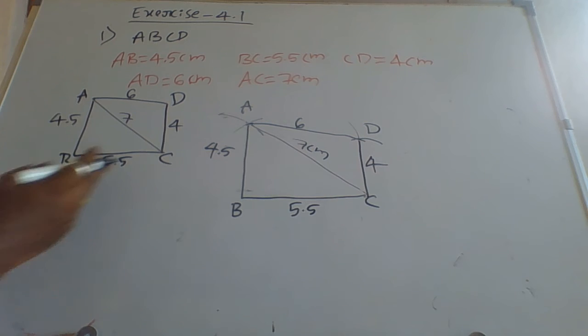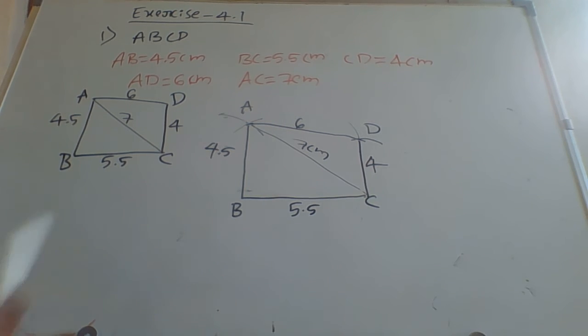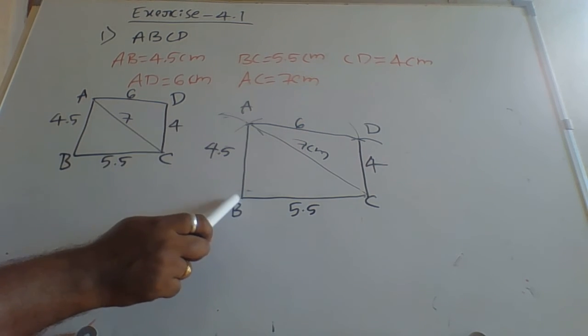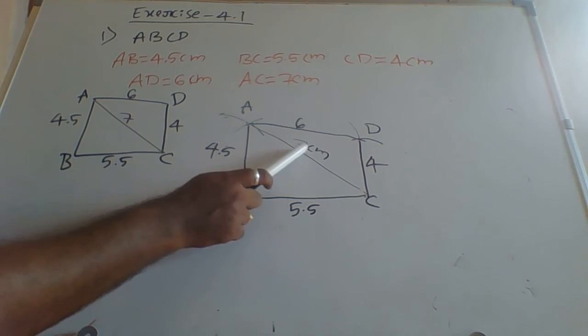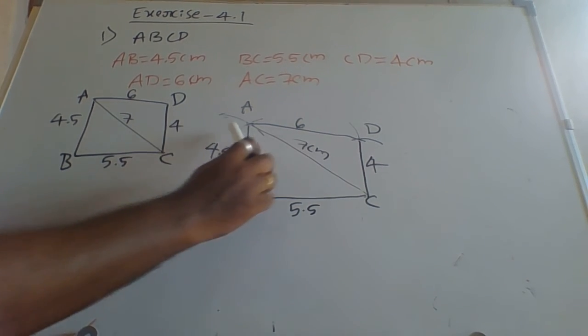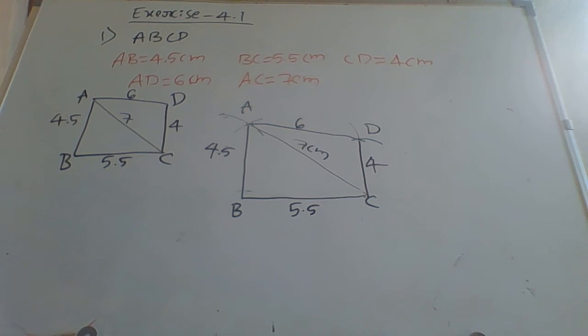First I considered this BC as the baseline, 5.5 centimeters. Then I got the point A by drawing an arc from point B with 4.5 centimeters and from point C with 7 centimeters.